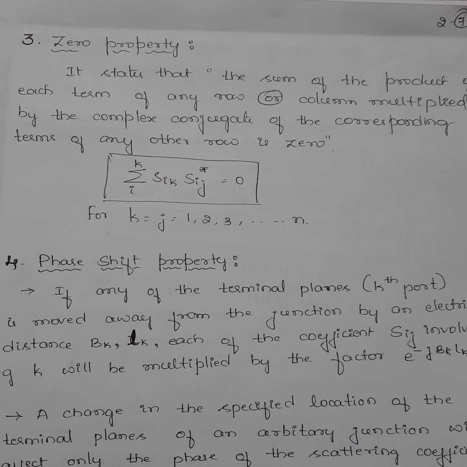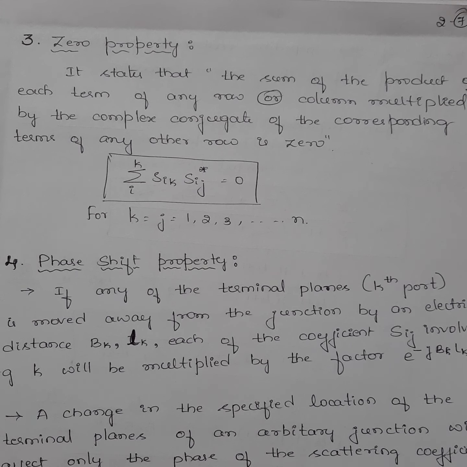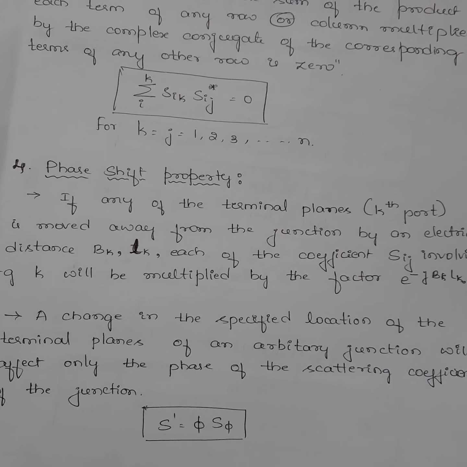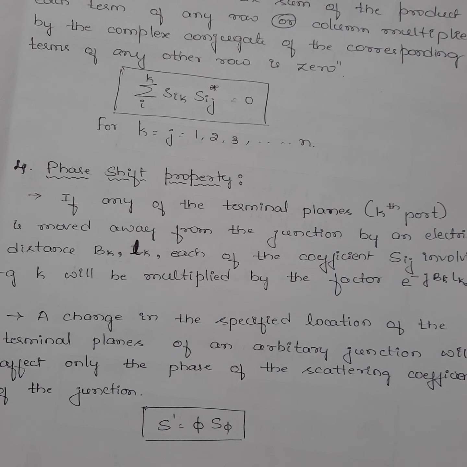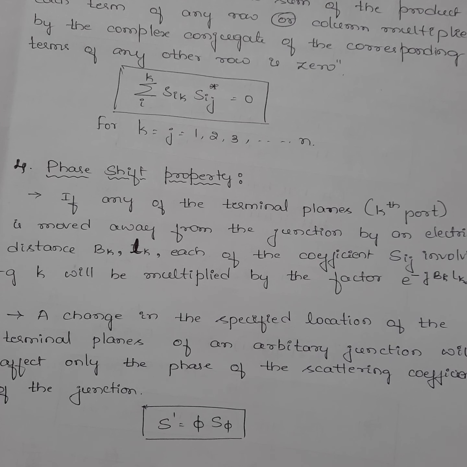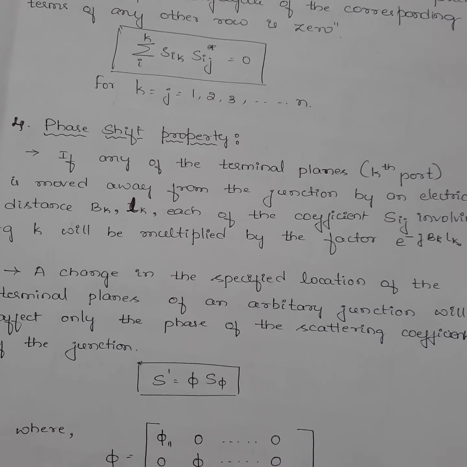Okay, so any change in the specified location of the terminal planes of an arbitrary junction will affect only the phase of the scattering coefficient of the junction. So S dash is equal to phi into S phi. What is phi?